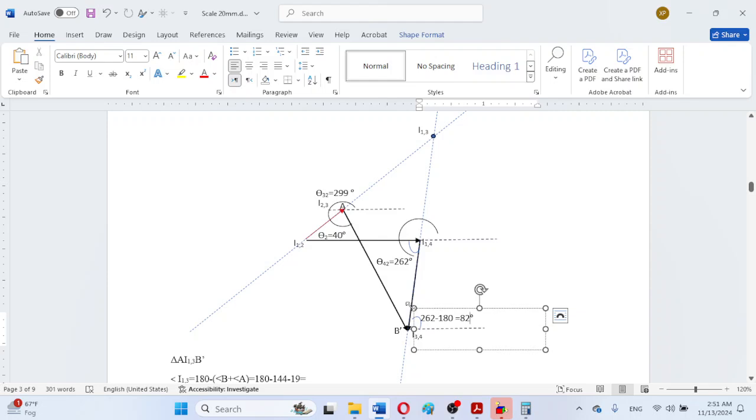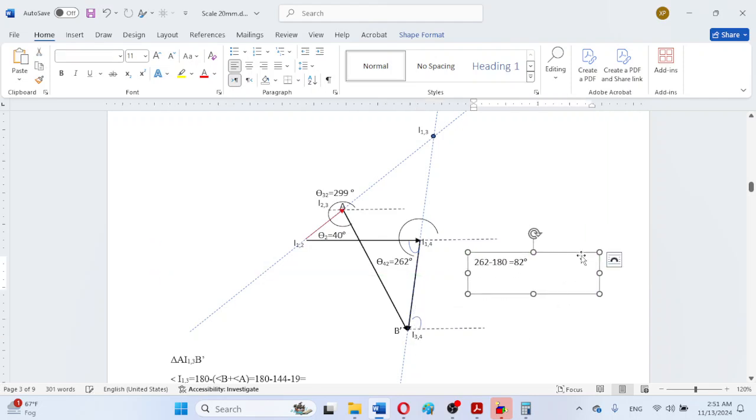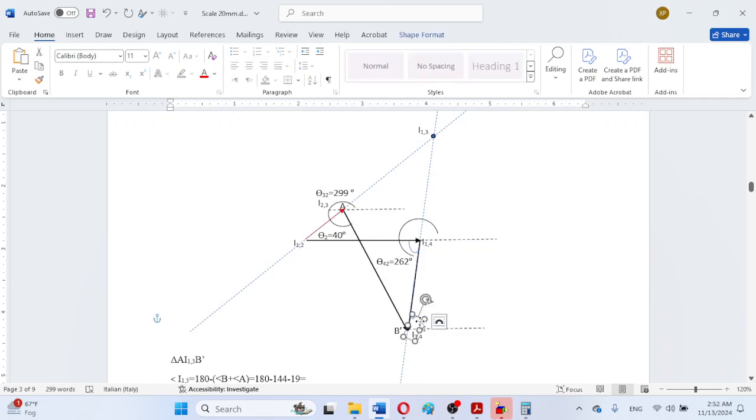Now we will be calculating this angle. This angle can also be calculated. This other angle was actually not required, unfortunately, so we can just delete it. Just move this reference here.